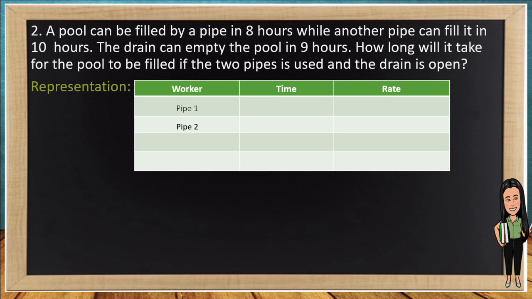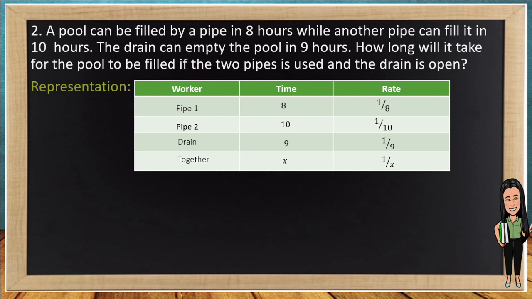So, we have two pipes, the drain, and together. Yung time ay 8, 10, 9, and x, kasi yung together, hindi natin alam. So, the rate is 1 over 8 for the first one, 1 over 10 for the second one, 1 over 9 for the drain, and 1 over x for the rate if all these three are open.